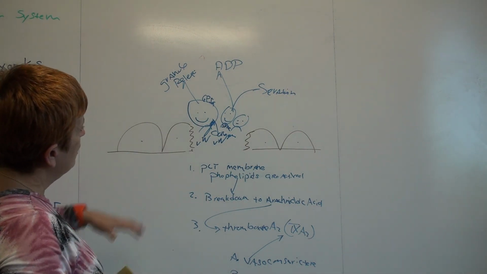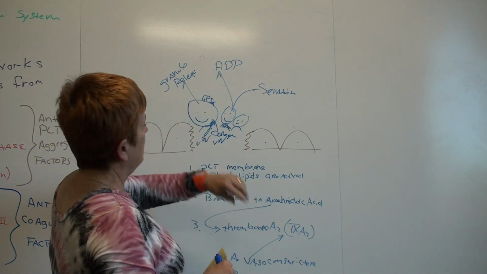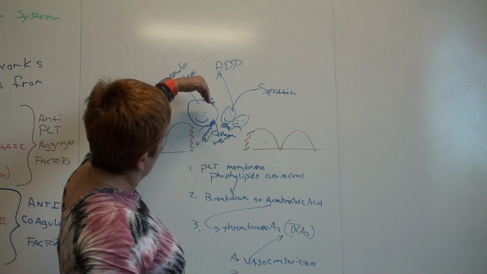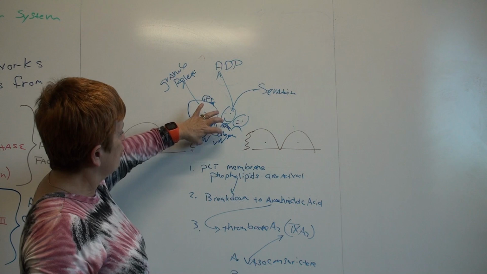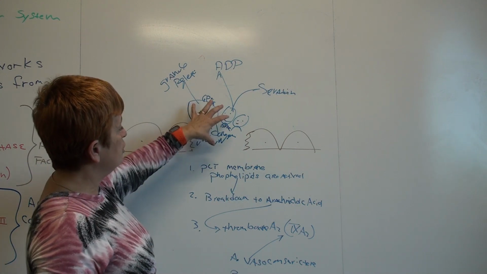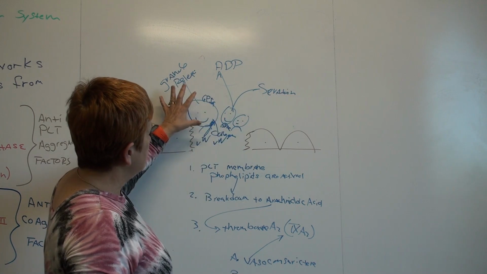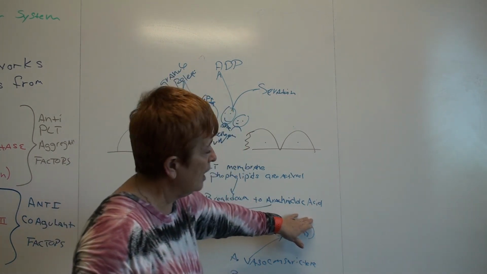All right, so platelets are here. We had a problem coming in. I've got a break, and platelets come in. They hook on via GP1A to the von Willebrand's and the collagen. Phospholipids start becoming activated and are broken down to arachidonic acid.